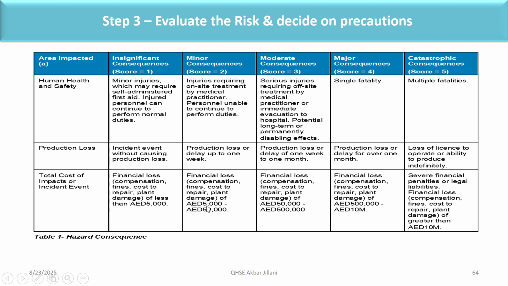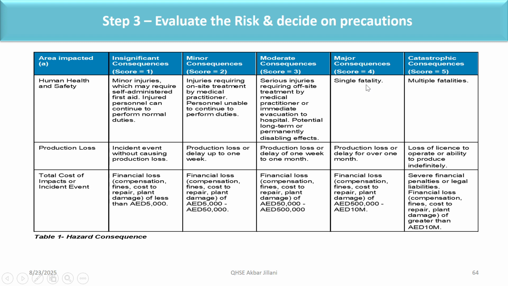Now in terms of cost, like 5,000 to 50,000. Over here, we send them to the hospital, and in hospital they give them some LTI medical leave. Then it will come in the score 3. In terms of medical cost, 50,000 to 5 million.